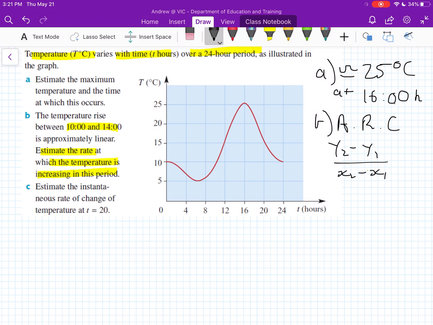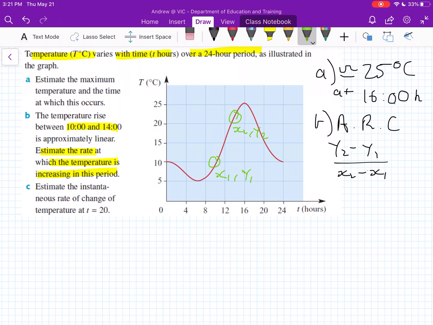So let's try and find these points here. So 14, that is about here, and 10 is about there. Okay, so yet again, this is another estimate, so just remember this is x2, y2, and this is x1, y1.